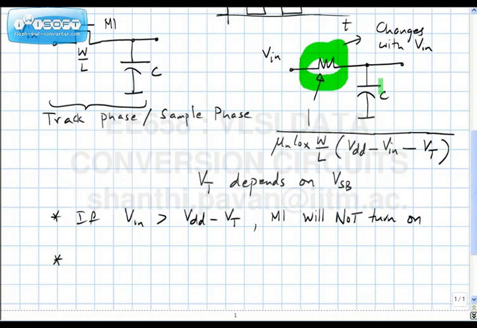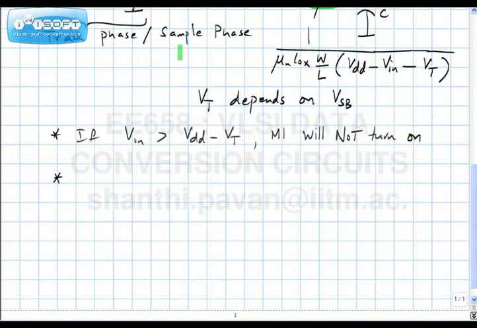So intuitively you can see that if the input was a sine wave like this, so let me call this say VDD by 2, and there is a sinusoidal input riding over VDD by 2, then the output should in principle follow the input.